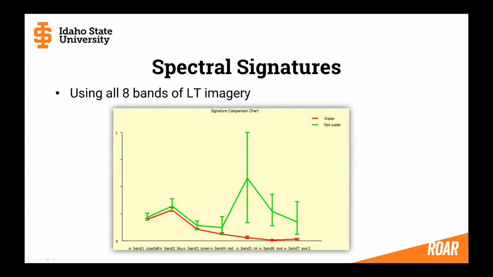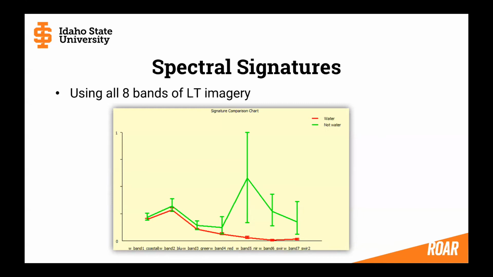So I've got 8 bands of Landsat imagery. And what we like to see is good separability between our target and non-target features. And what we don't see is good separability here, or here, or here, or here. In fact, we have quite a bit of overlap. So if this was all that we had to work with, just the visible bands, we would actually have trouble having a good, reliable classification at the end of it.